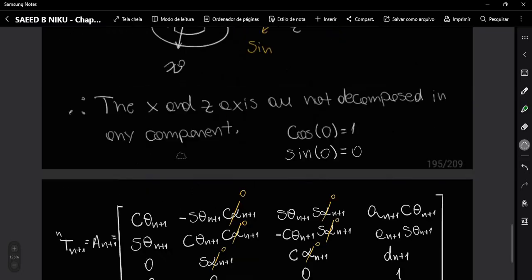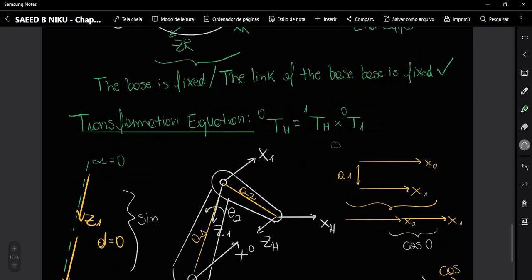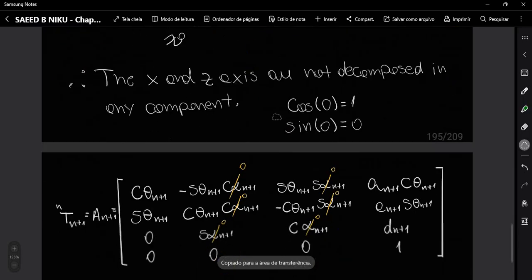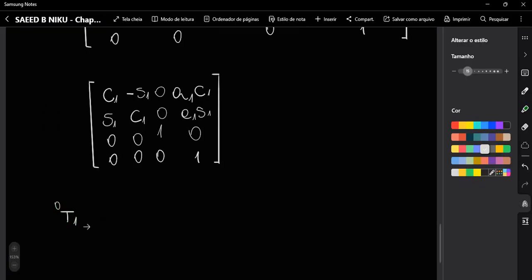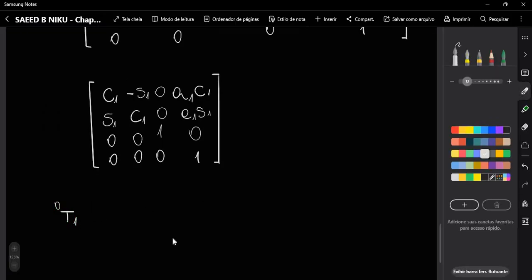Okay, and this is for this transformation from the frame 1 to the frame 0, which is, we'll use the notation A, so A1.